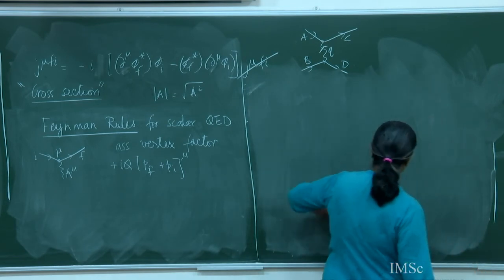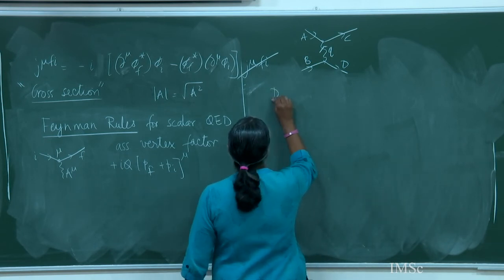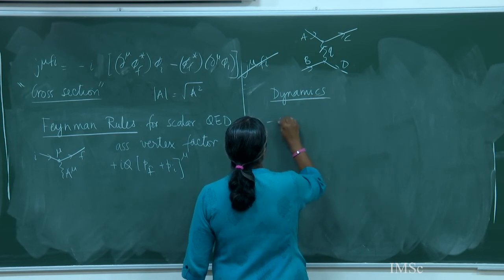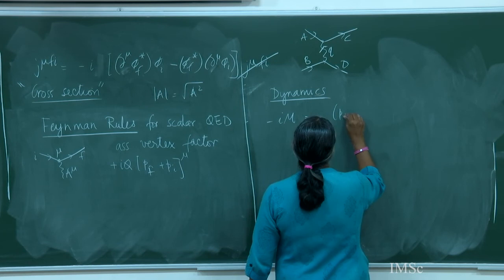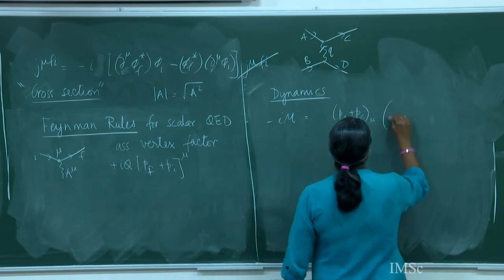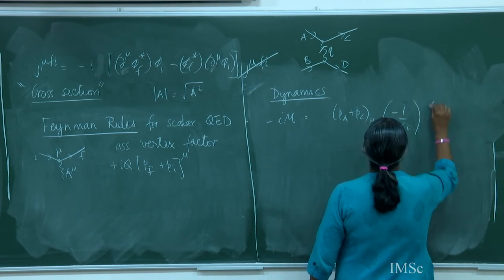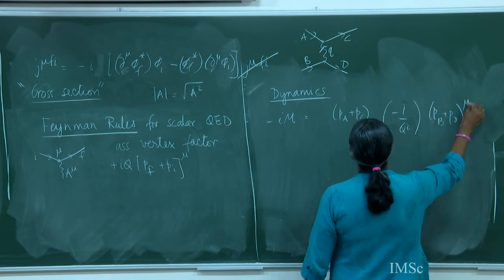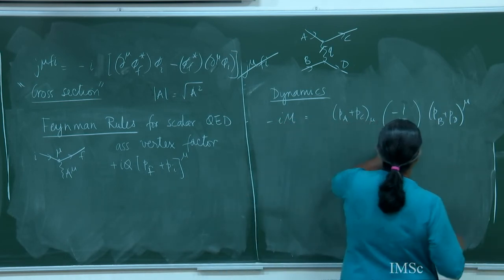So now we are looking at the dynamics of things. Then we will look at the kinematics. So dynamics, we had minus I M was (P A plus P C) mu minus 1 by Q squared (P B plus P D) mu.